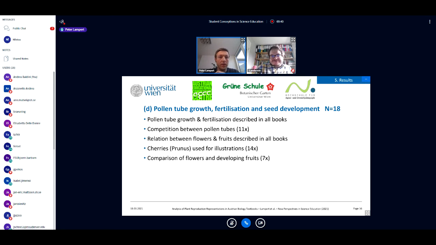So this is a complex process which is quite fascinating because this cell is the fastest growing plant cell, which grows more than 1 centimeter per hour, which is quite fast, at least for plants. And the books describe it in much detail. And they also show the relation between flowers and fruits, some books at least.